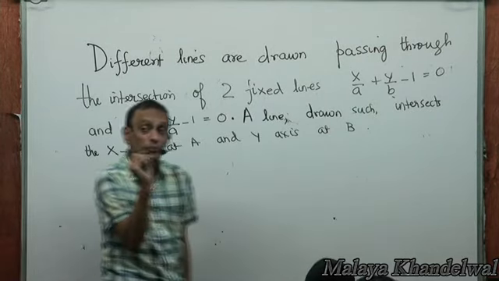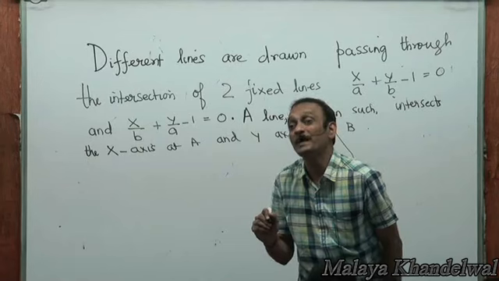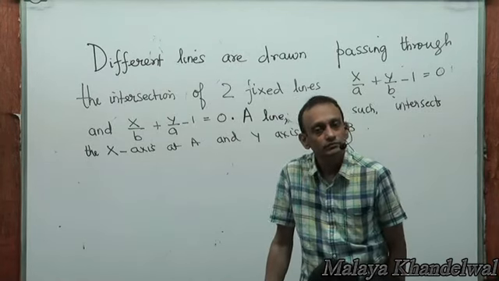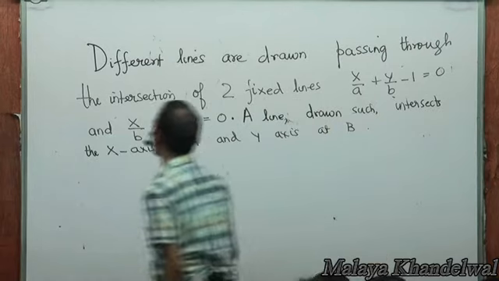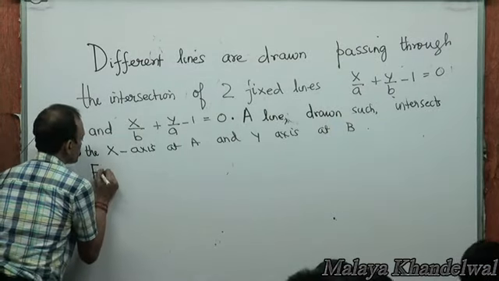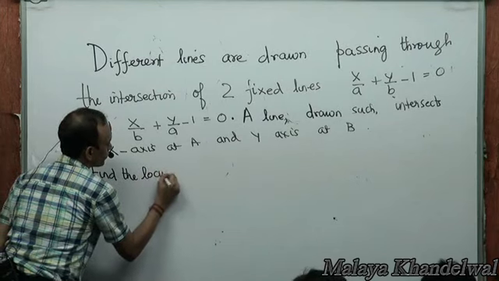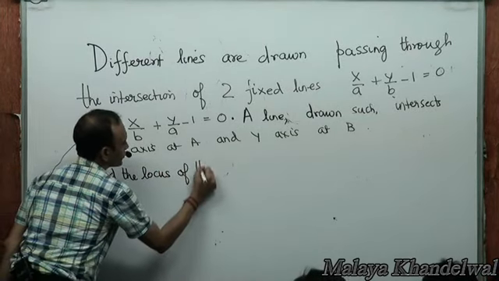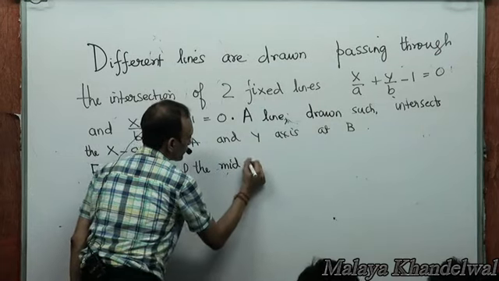And therefore, if A and B are moving points, then the midpoint of AB will also be a moving point, right? Find the locus of the midpoint of AB.